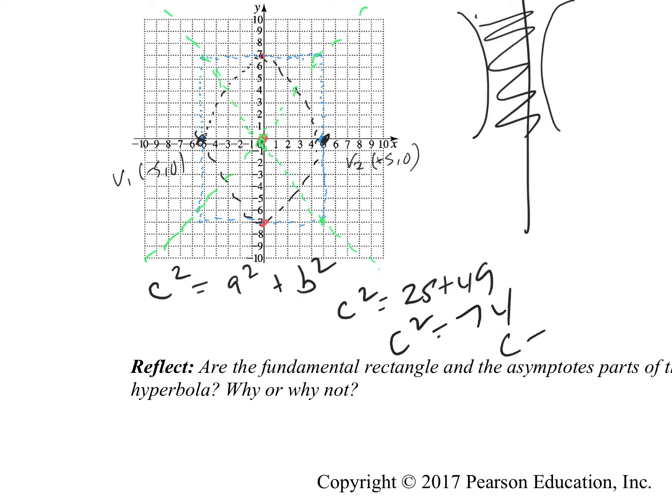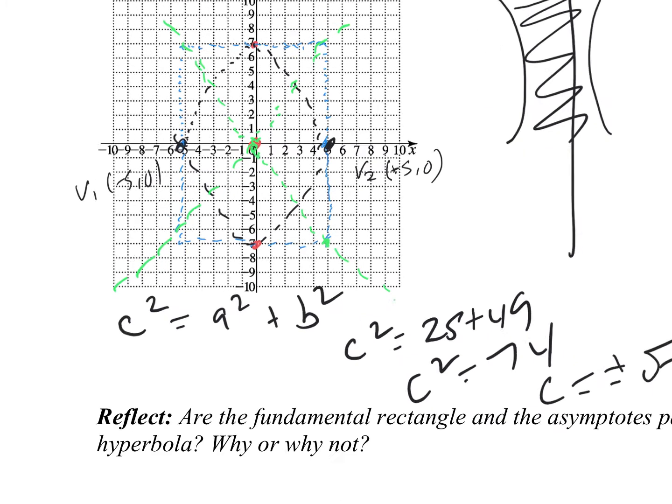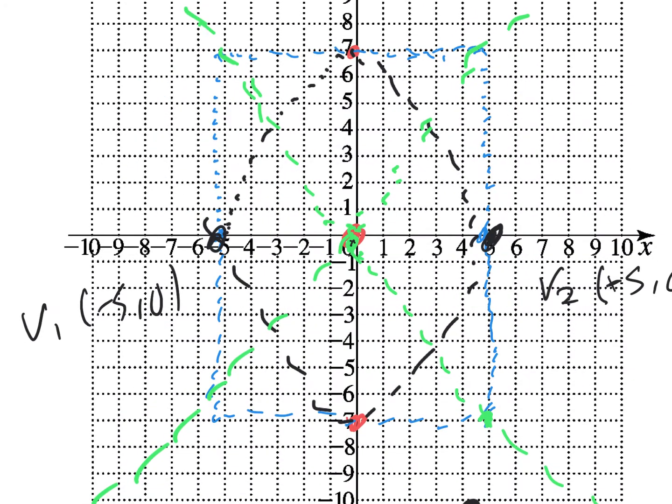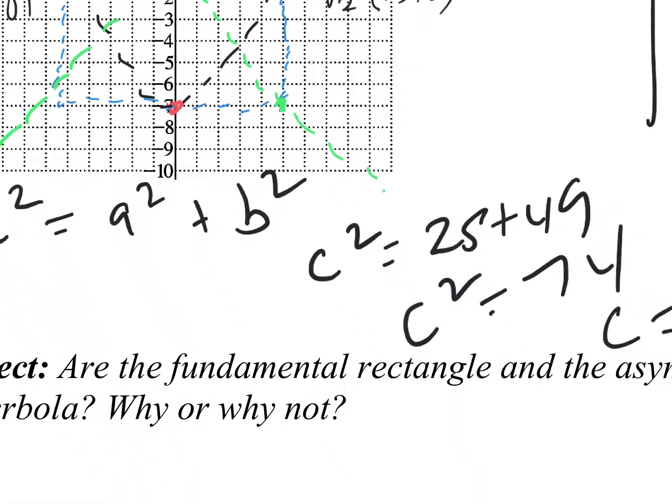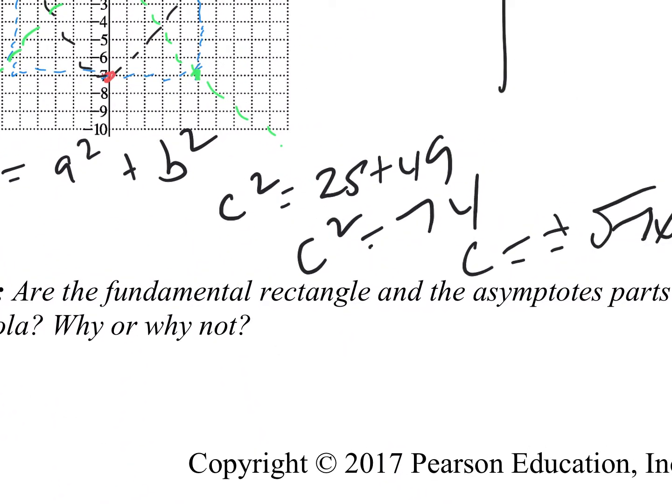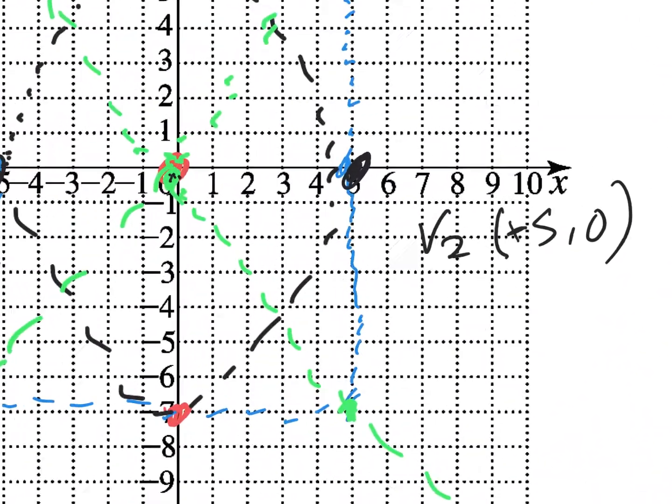And so c is going to be plus or minus the square root of 74. And why is it plus or minus? Because you go to the center, which is at the x value of 0, and I have to go left and right from that 0. The square root of 74 is less than the square root of 81, which is 9, and bigger than the square root of 64, which is 8, so between 8 and 9.